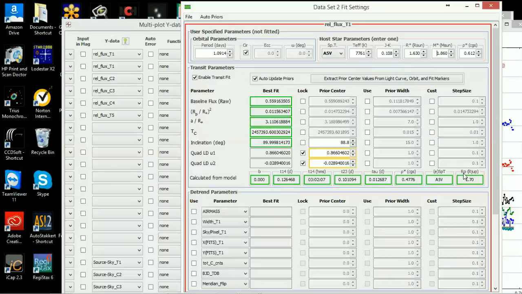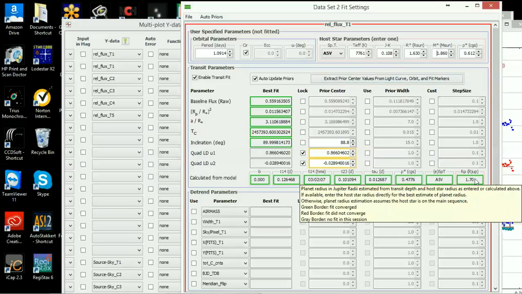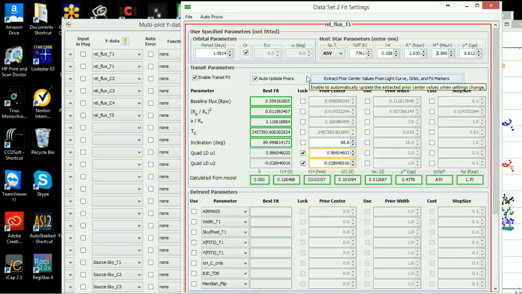One of the output parameters of AstroImageJ is the value RP over R star squared, namely the depth of the transit. So R star is used simply to compute RP. It's not really used in doing the model fit. What happens is that the model fit produces this ratio squared.